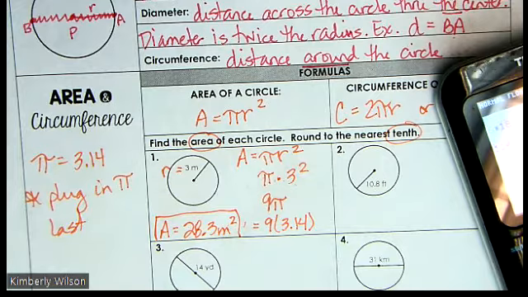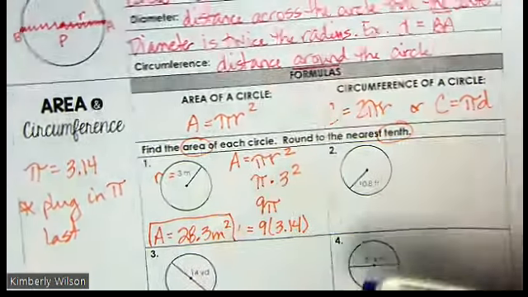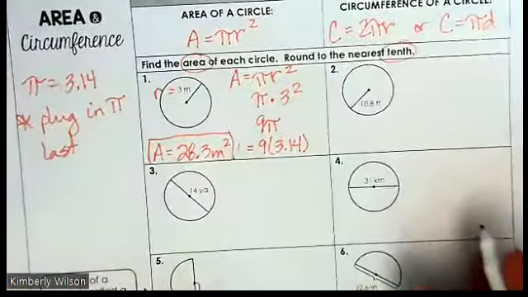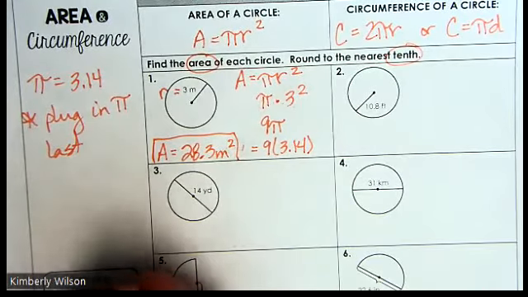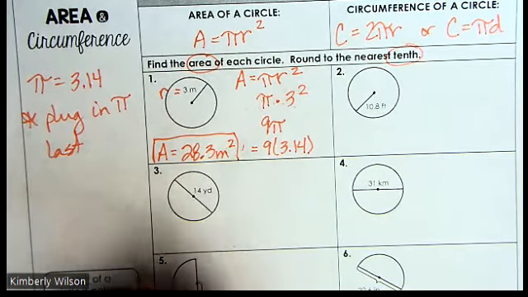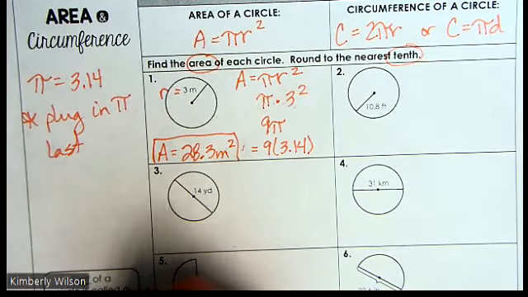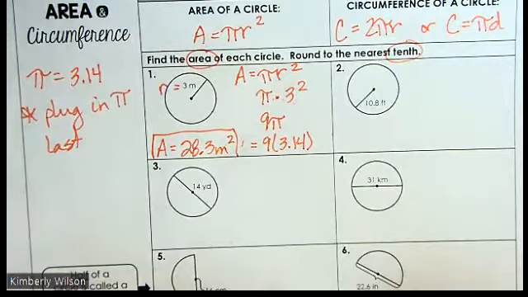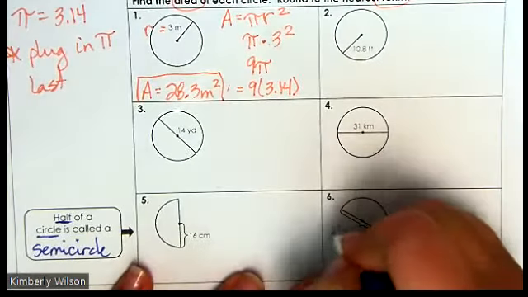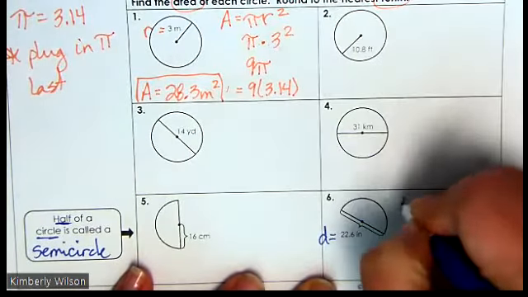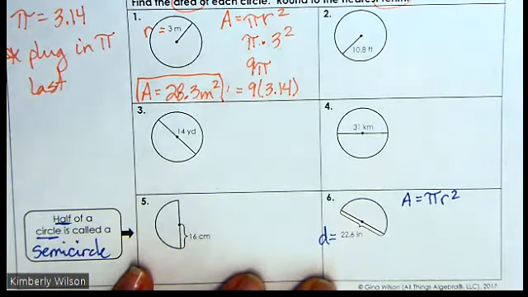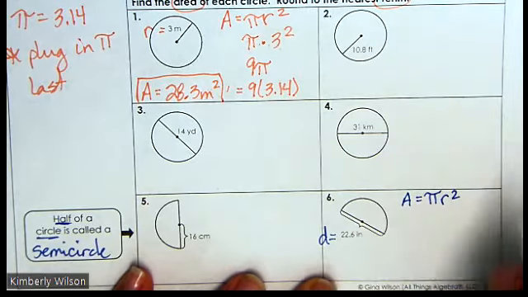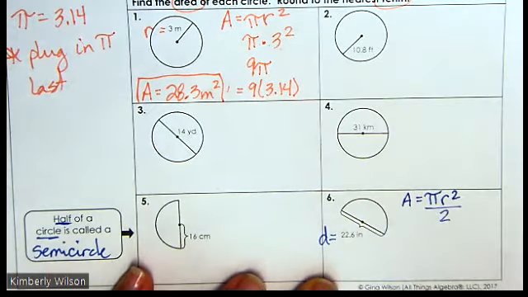We're jumping down to if I've got to find the area of a semicircle. Okay. The half circle is called a semi. So half of a circle is called a semicircle. So here we go. Well, this is a semicircle. This is the diameter. But remember, when I'm finding the area, it's a semicircle, so I'm going to do all of this, but divide by 2.